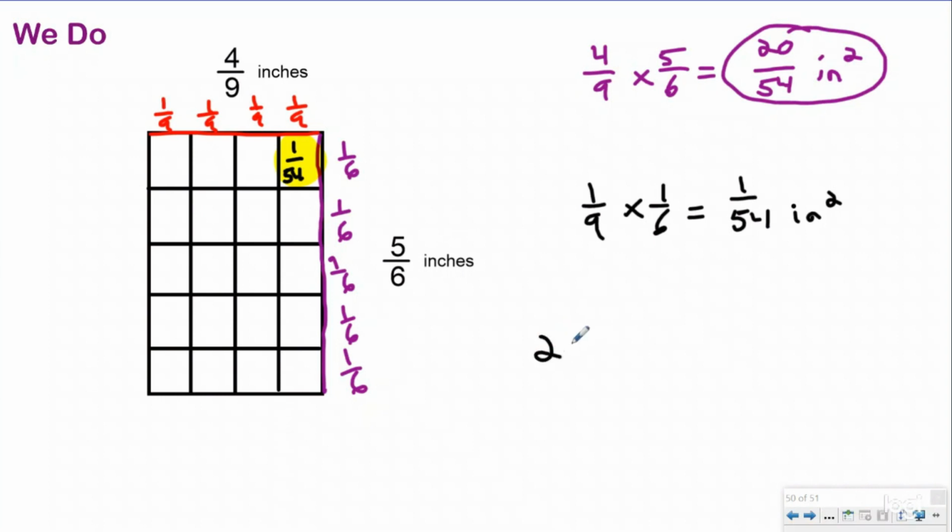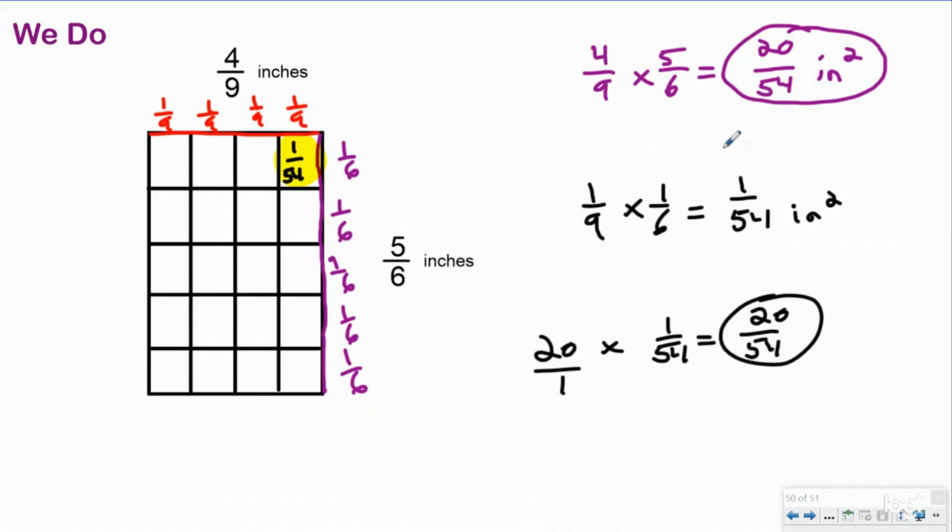So if you had 20 groups of 1/54, and I forgot to show you this math in the last one, just kind of assumed you knew it, well, guess what? 20 groups of 1/54 is 20/54. So again, coming to the same answer as our shortcut, but doing it in a conceptual way, hopefully helping you understand why we got that answer, not just how we got that answer.